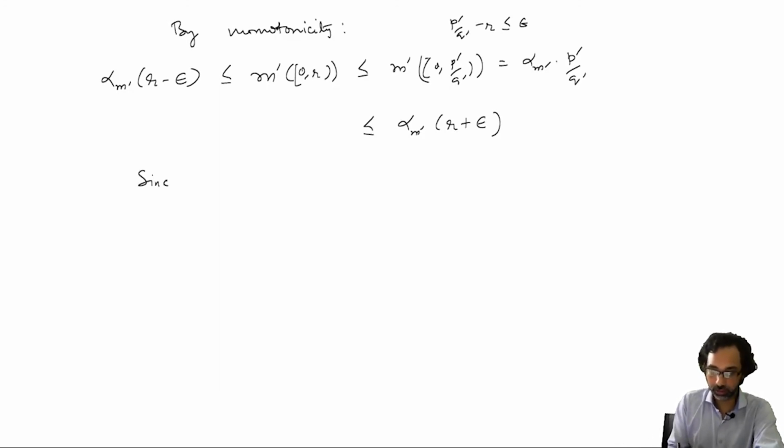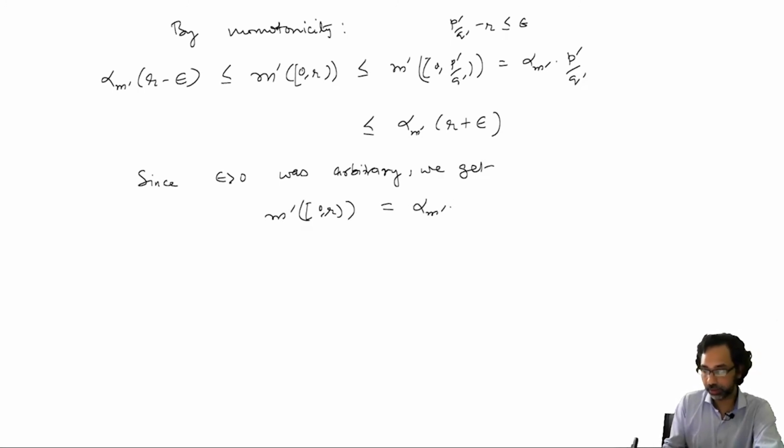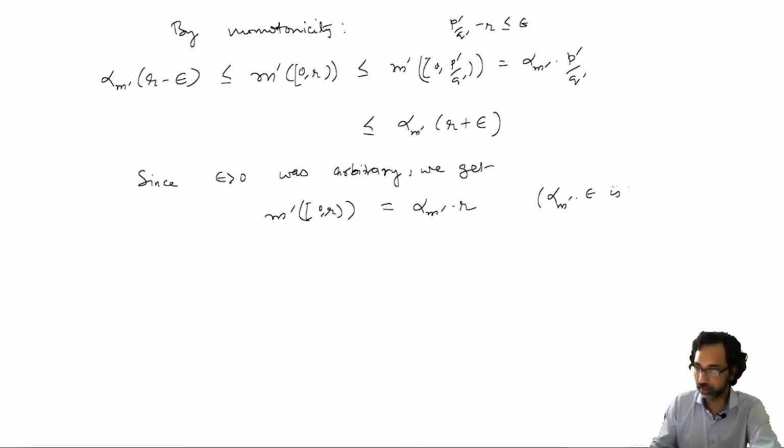And since epsilon greater than 0 was arbitrary, we get that M prime of 0, R is equal to alpha M prime times R, because this number alpha M prime times epsilon is also arbitrary.